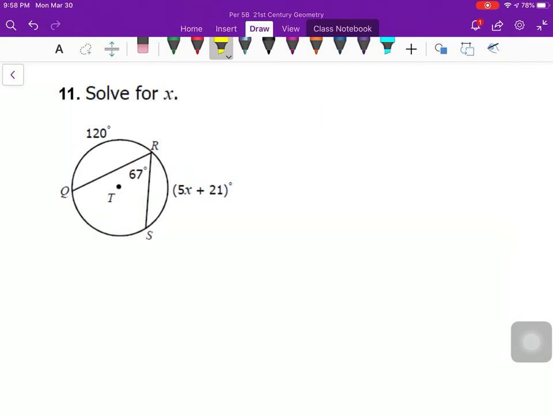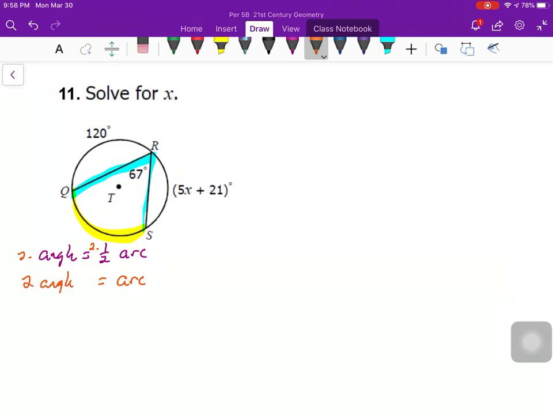Okay, another example. Well, in this example, I think this is the arc that we want right there. That's the one that goes with the angle 67. Now that arc, the angle is equal to half the arc.